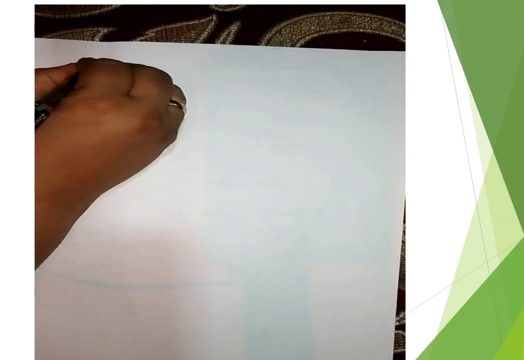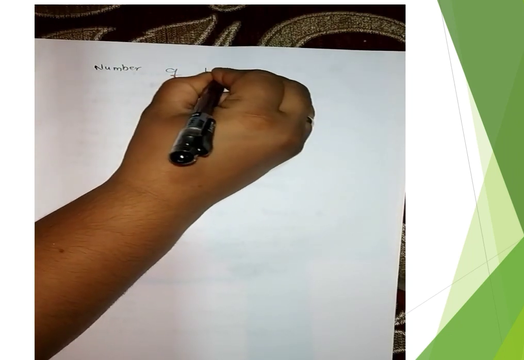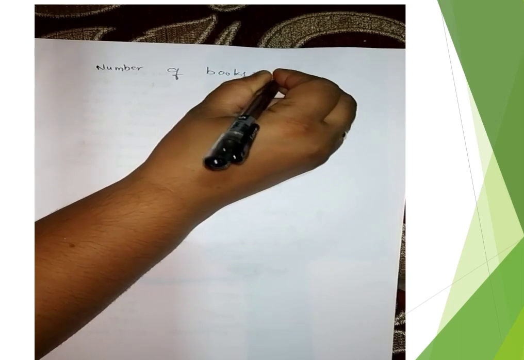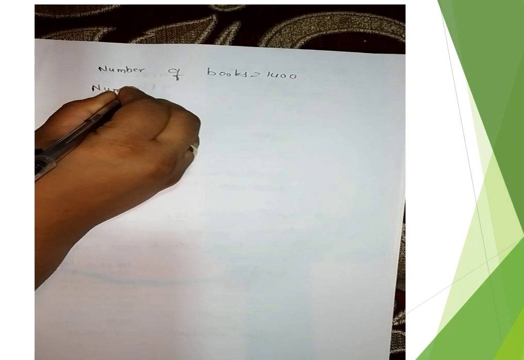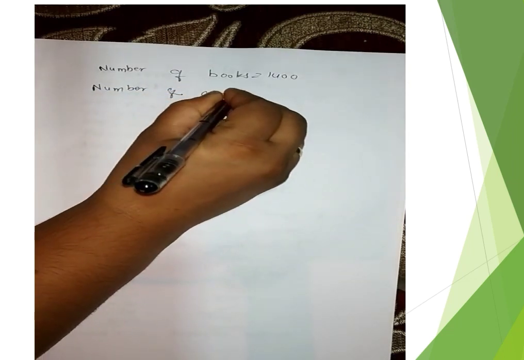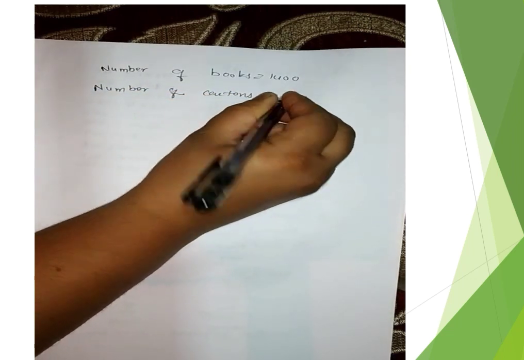Girisha needed 35 cartons to pack 1400 books. There are an equal number of books in each carton. How many books did she pack into each carton? The number of books is 1400 and the number of cartons is 35.